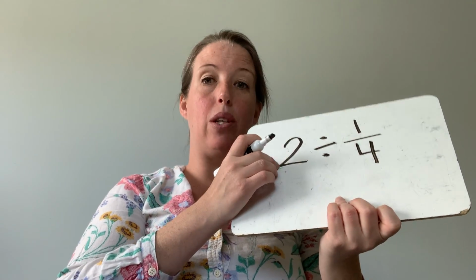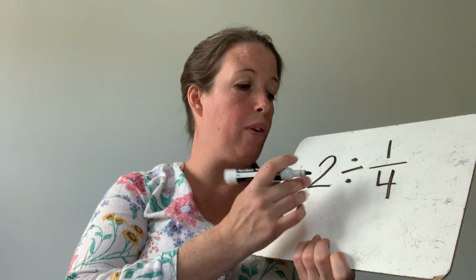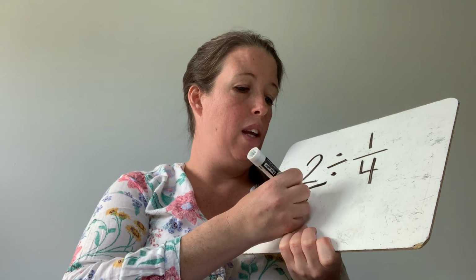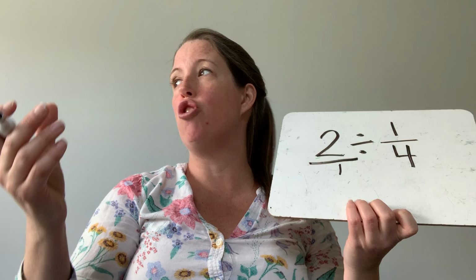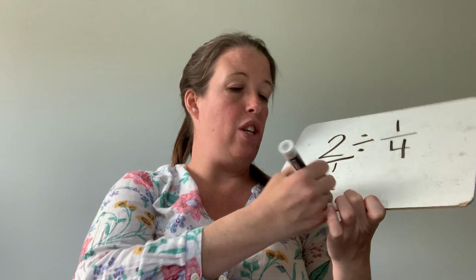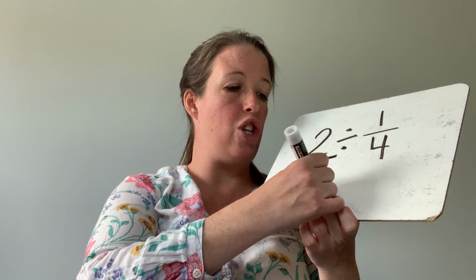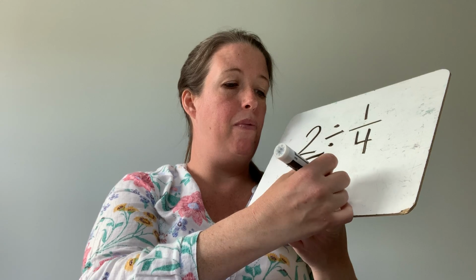Now I always like to quickly make my whole number a fraction, and I can do that by putting it over 1 or giving it a denominator of 1. And now I'm going to rewrite this by using the strategy keep, change, flip. So I keep my first fraction the same. I change it to multiplication, and I flip the second one.